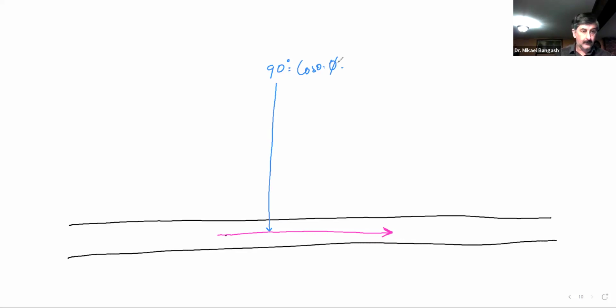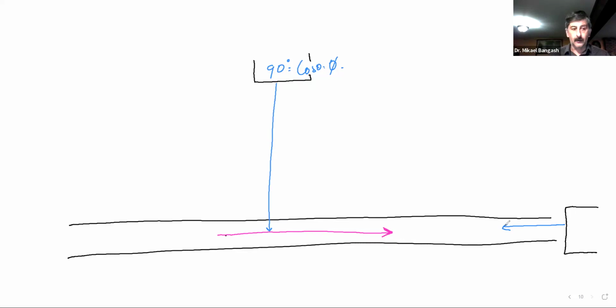Okay, so let's assume that this here was your transducer. Now, guys, let's just start from here. If this here was your transducer, it will be sending out a beam.